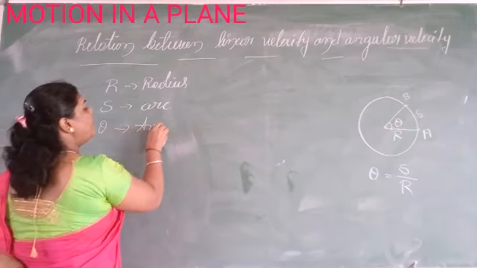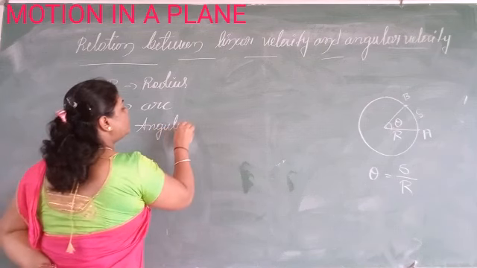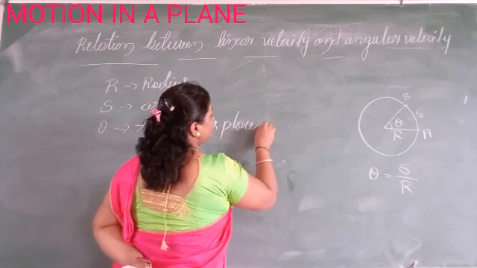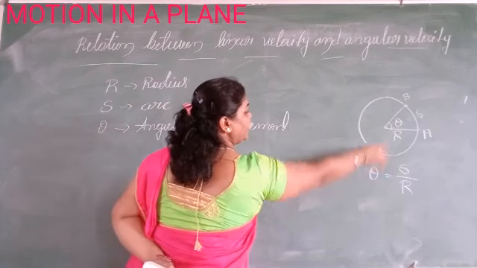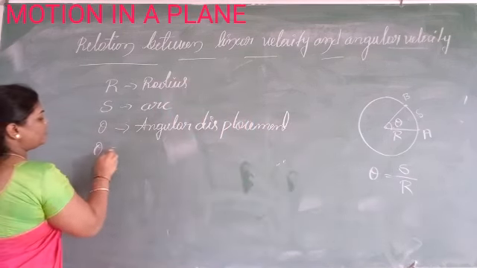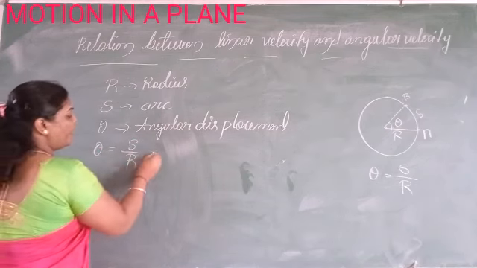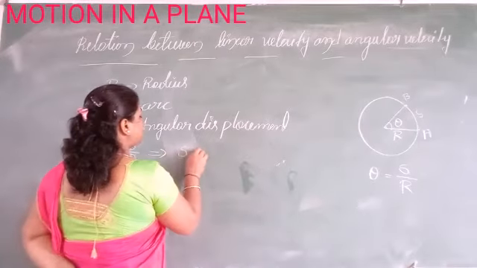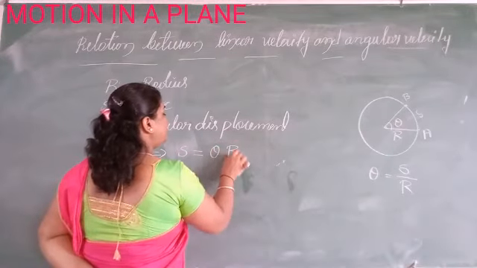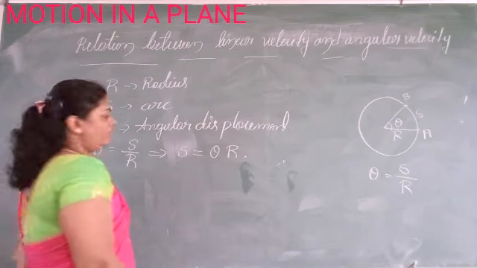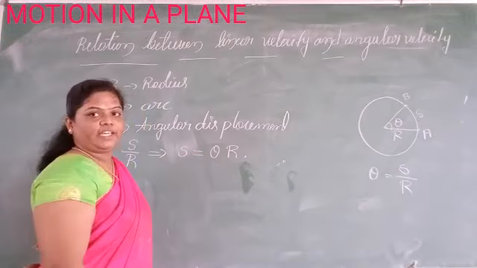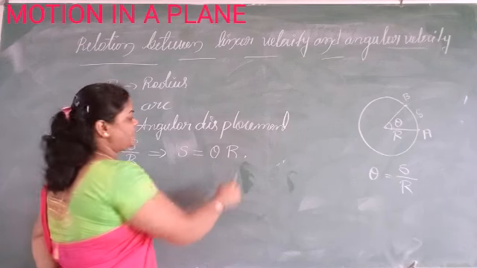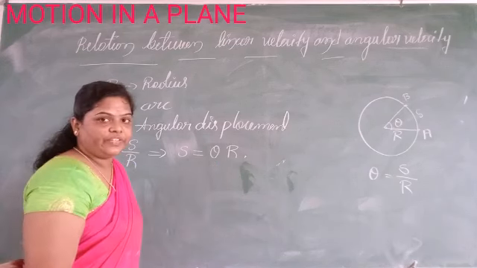Calculating the radian, theta is equal to S divided by r, and since we need the displacement, S is equal to theta into r. In this equation S is the arc of the circle, theta is the angular displacement, r is the radius of the circle.